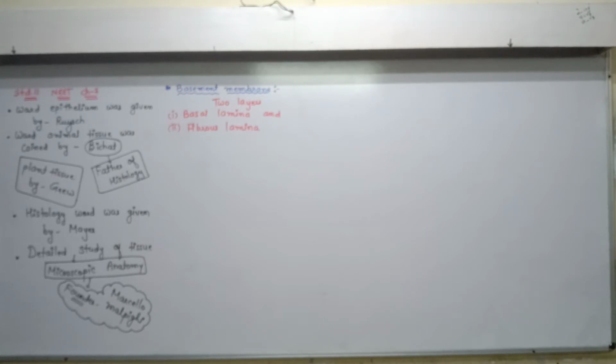Adhering junction, also known as desmosome, is present in stratified epithelium.